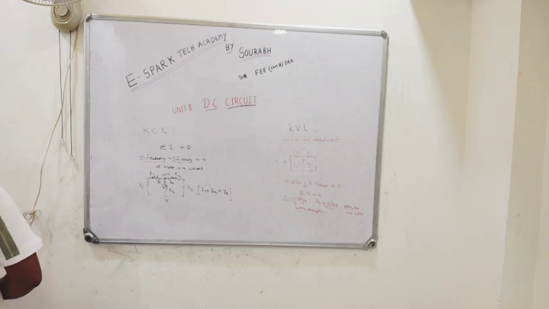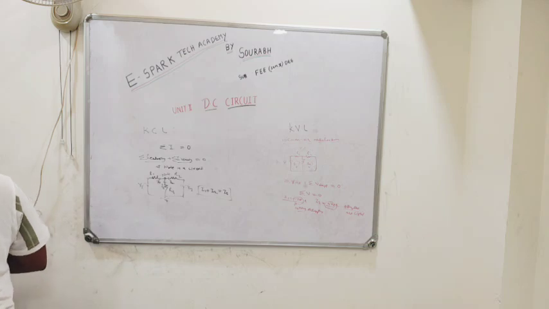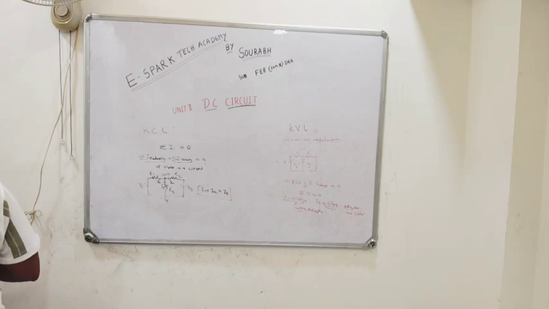So the sum of changes in potential, voltage rise and voltage drop around any closed circuit must be zero. We will be going through a few sign conventions.